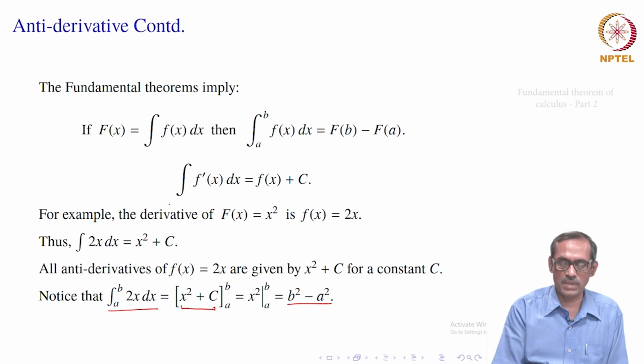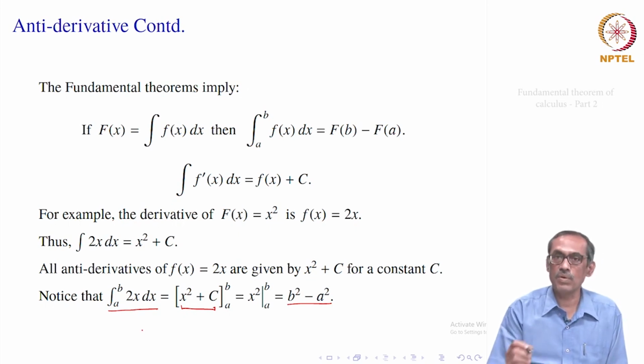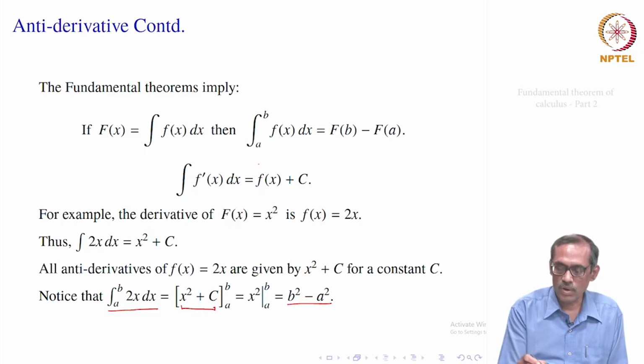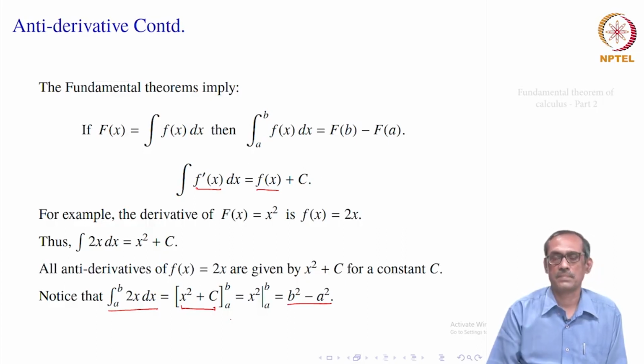So, this will really help us in evaluating some integrals if we have some results about the derivatives. If you know that the derivative of f is f prime, you know how to connect them. For tan x, the derivative is secant square x. So, you can say integral of secant square x dx equals tan x plus c. That is the way we will be using the derivatives to come back to integrals.